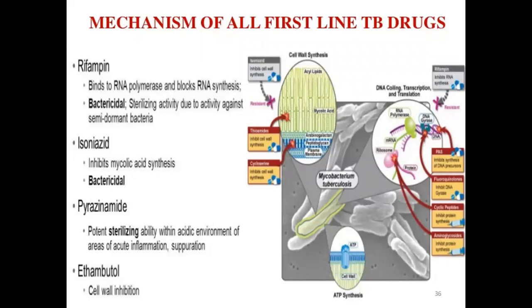So here I am starting with the mechanism of all first line antitubercular drugs. First comes rifampin. Rifampin is a semi-synthetic derivative of rifamycin B, which is obtained from Streptomyces mediterranei.